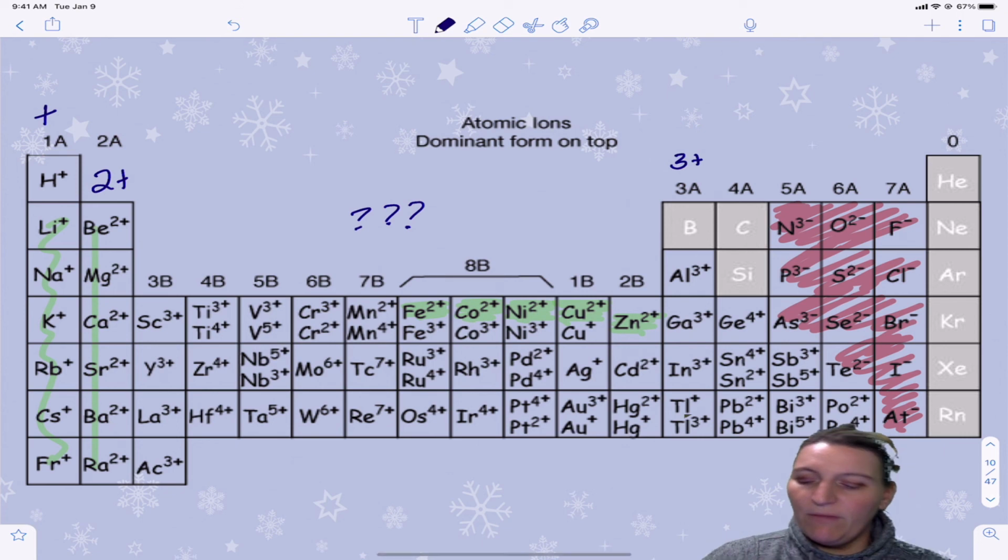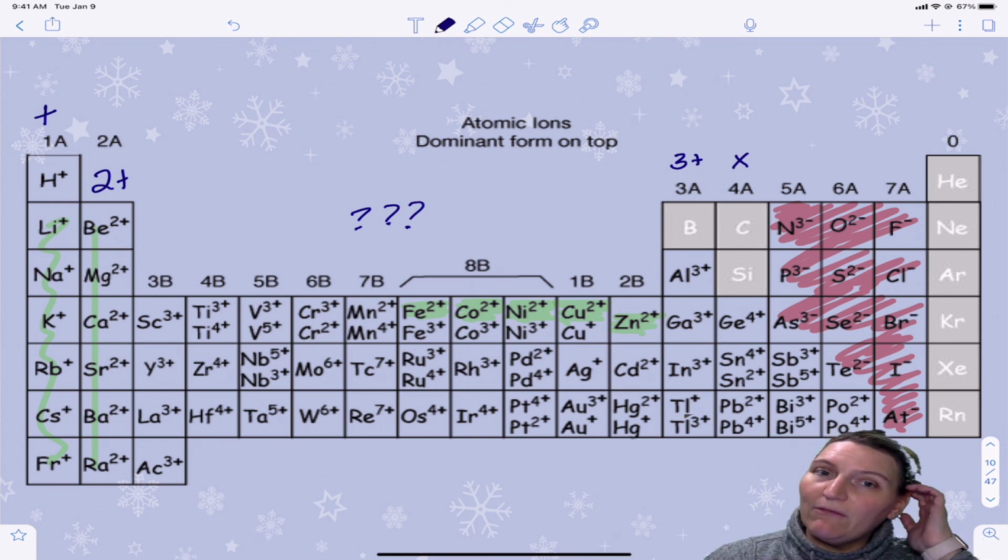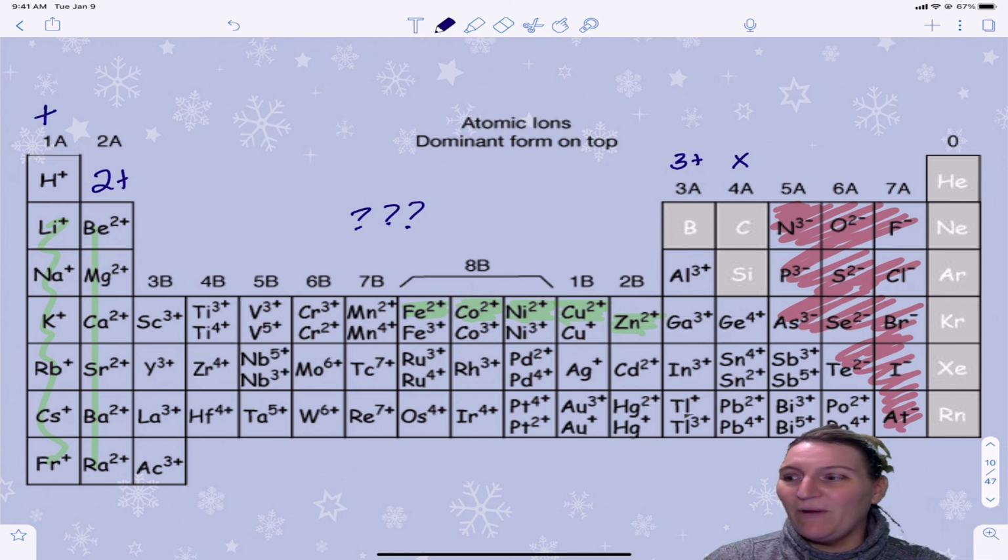Generally, they form 3+ ions, but remember, boron is a metalloid, so it doesn't form ions the same way that metals form ions. In carbon's group, I tend to just say, well, skip it, because carbon and silicon don't really form ions, and then you're left with metals, and those metals often form 4+ ions. How do I tell which one it is? We address that in a moment.